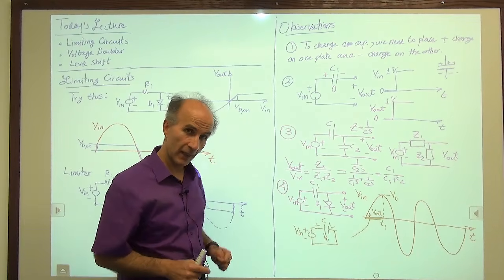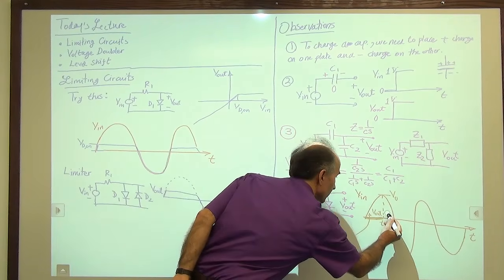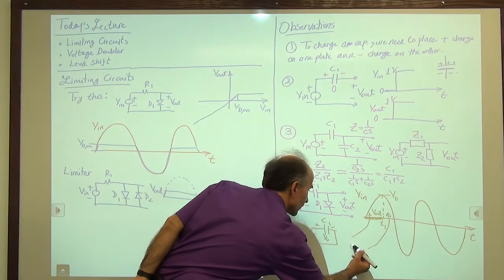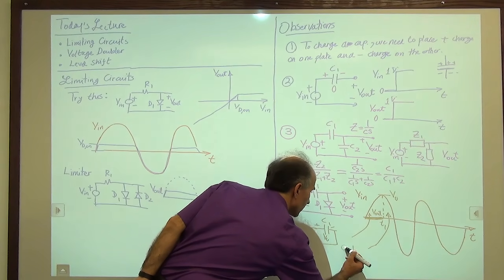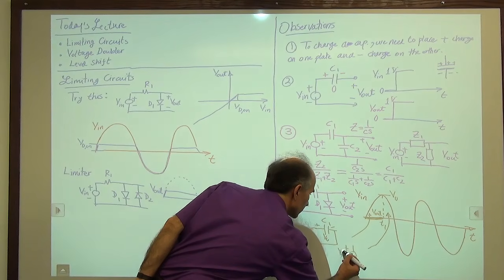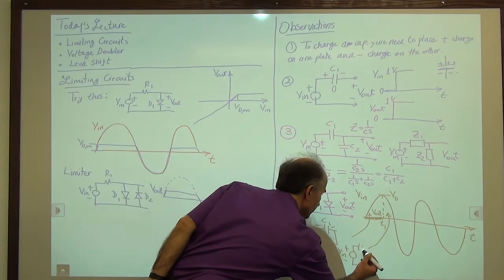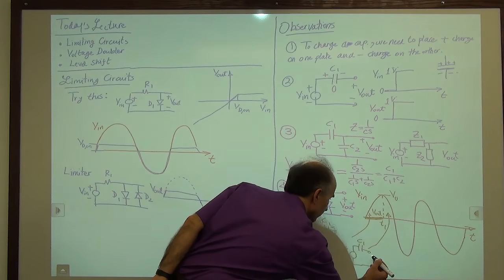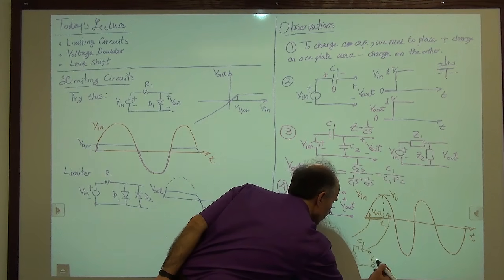So let's draw the circuit again over here. So in this little quarter cycle, the circuit reduces to the input and VC1 and C1 and an open circuit because the diode is gone. So V out.